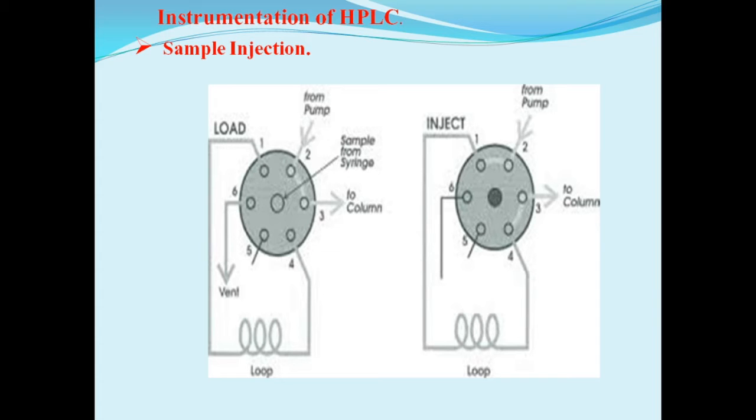The sample loop is filled using a syringe with a capacity several times that of the sample loop, with the excess sample exiting through the waste line. After loading the sample, the injector is turned to the inject position, directing the mobile phase through the sample loop and into the column.